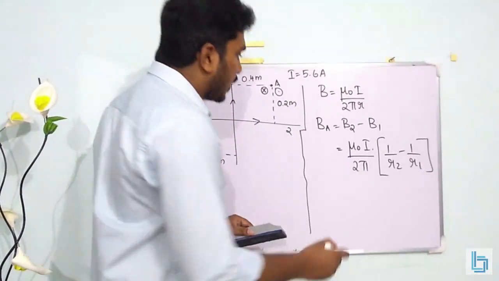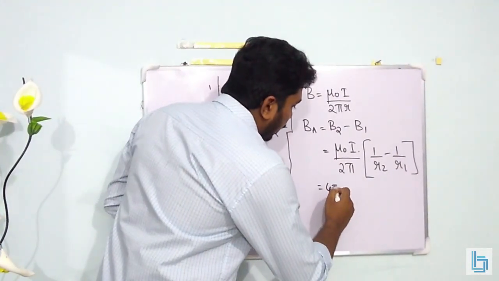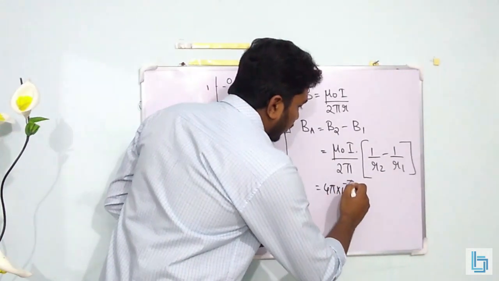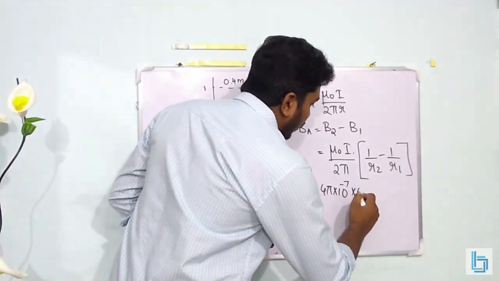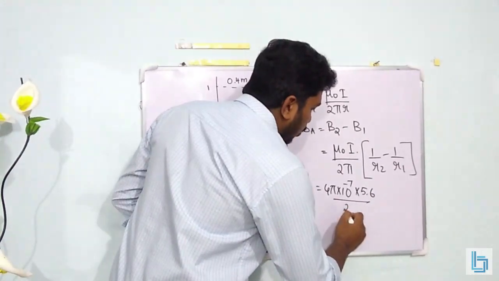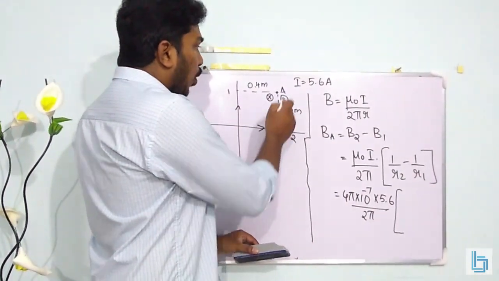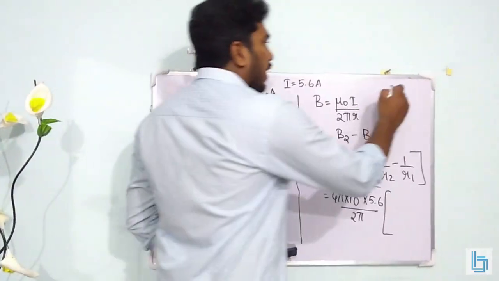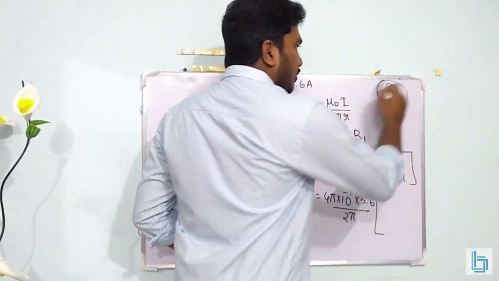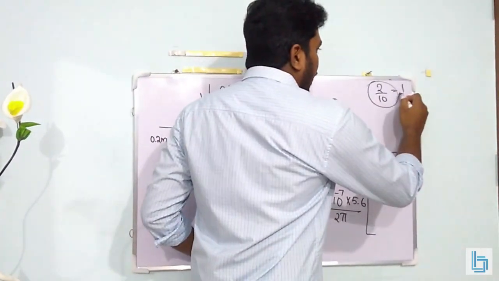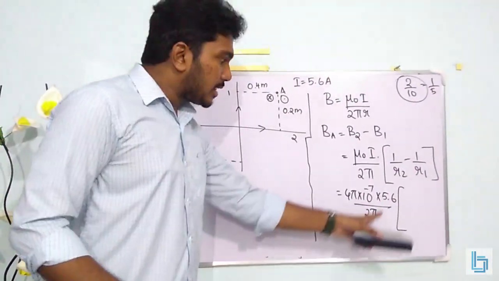Now let's substitute the values here. This is equal to 4 pi into 10 raised to minus 7, the value for mu 0, into 5.6 divided by 2 pi. R2 is 0.2. Now 0.2 can be written as 2 by 10, which is equal to 1 by 5.